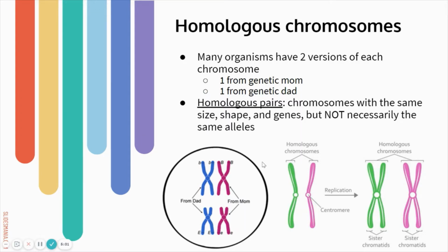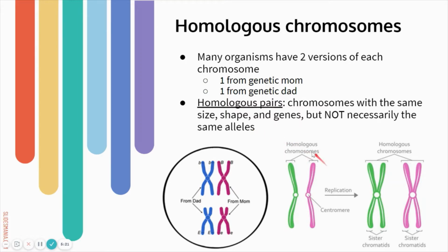So they both are contributing to your hair color, but not in the same way, right? They're different versions or different flavors of the same gene. So a homologous pair is going to be a chromosome with the same size, shape, and the same genes, but not necessarily the same version of those genes.